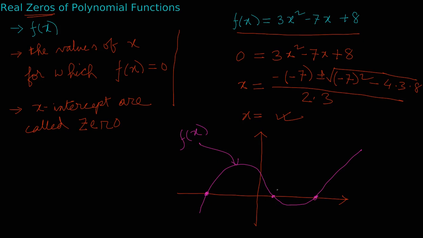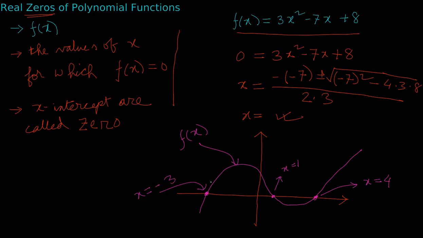Let's say this point is x equal to 1, this point is at x equal to 4, and this point is at x equal to negative 3.